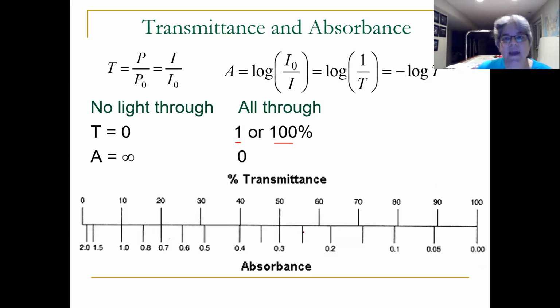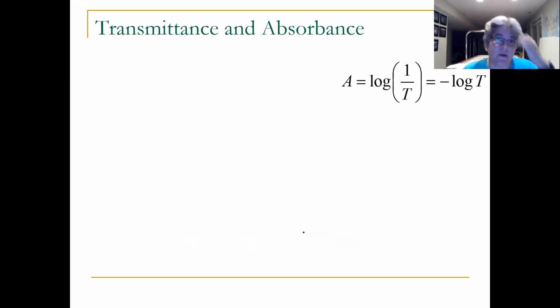Now you have to be comfortable changing back and forth between A and T, so we're going to practice some now. Remember the formula that relates them: absorbance is equal to minus log T. So go ahead and pull out your calculator now.